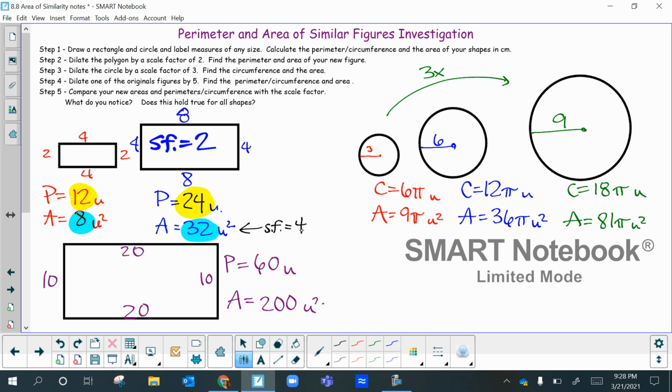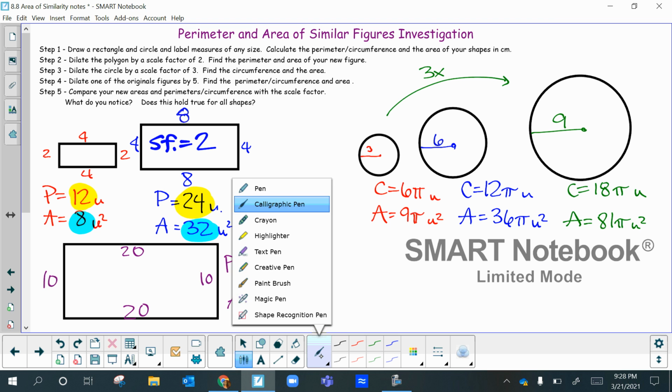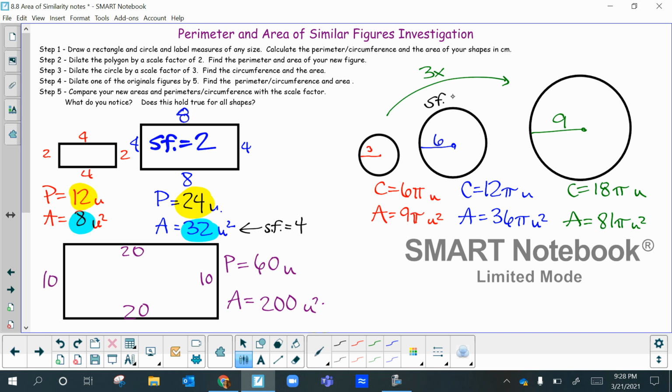Let's look over here at the circles. Our scale factor here for this one was 2. As I look at the perimeter or circumference, it's 12 pi. The original was 6 pi. That one also got 2 times bigger.